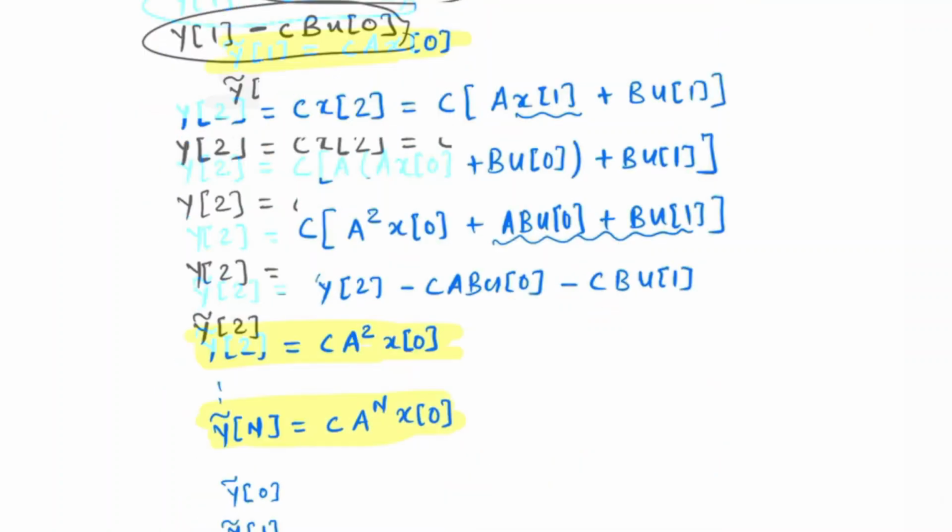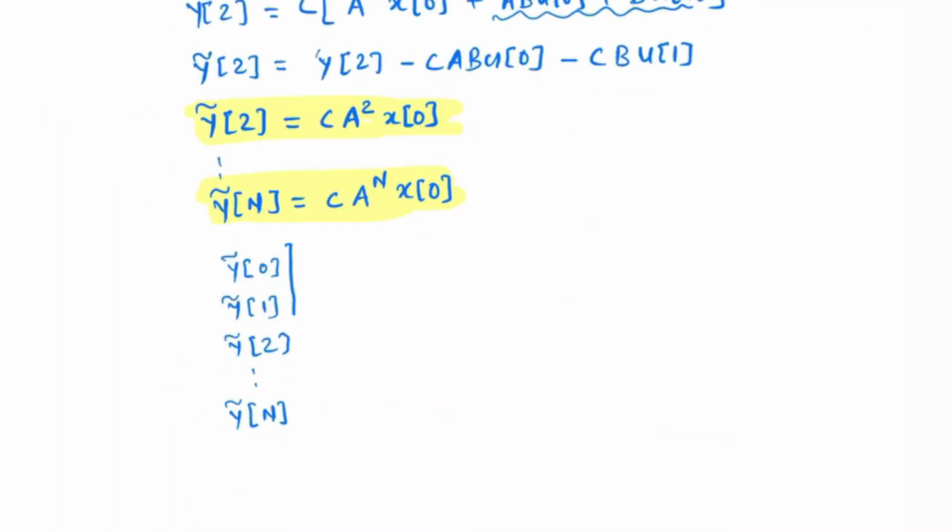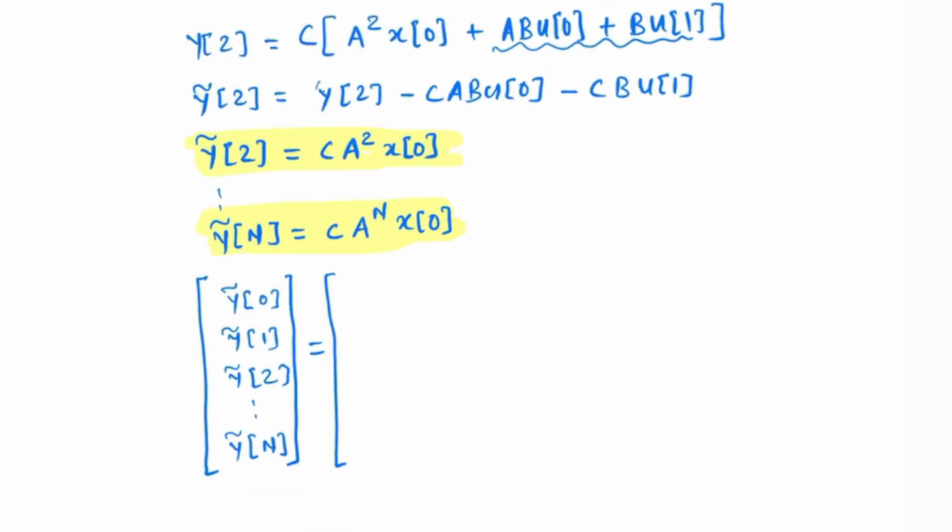So we have this vector now, and we have c x naught.